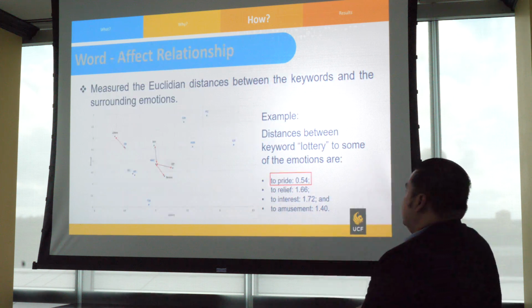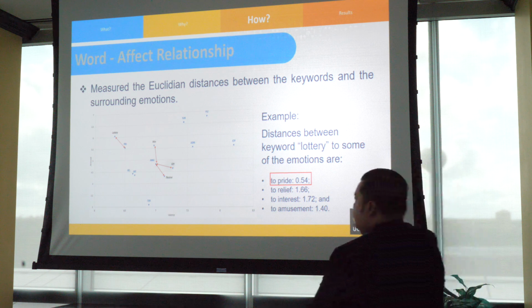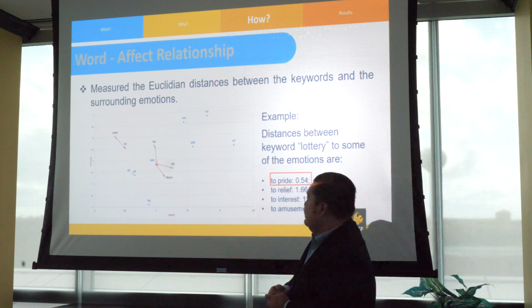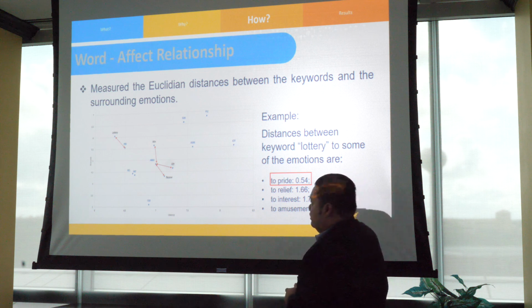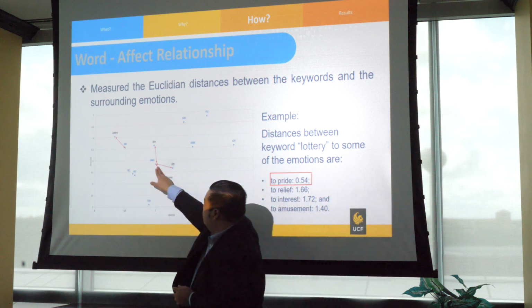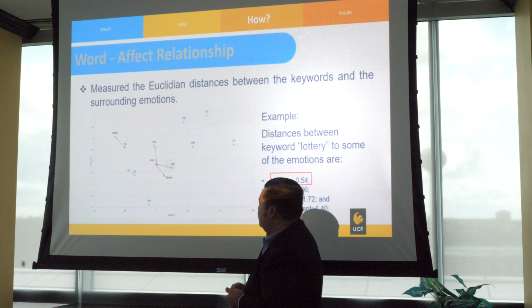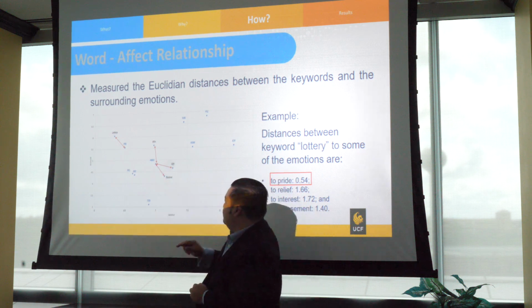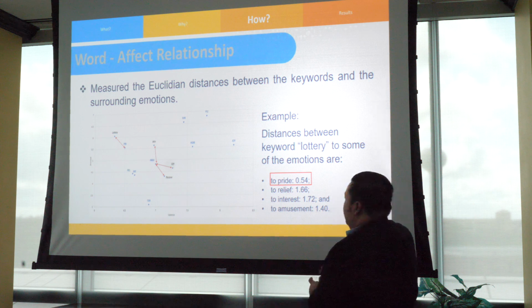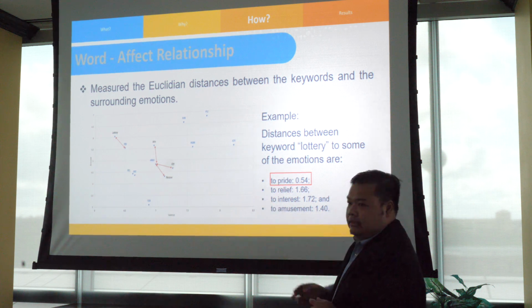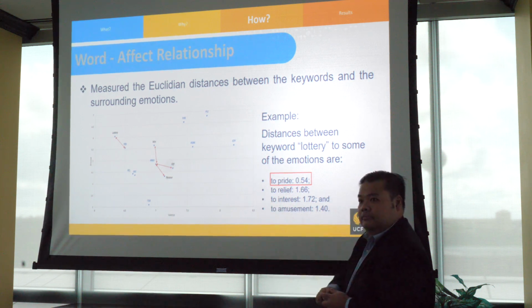In order to see the relationship between the word and the affect, I just measure the Euclidean distance between the keyword and the surrounding emotions. So, for example, the word win is tightly related with amusement, give amusement and receive amusement. And the same thing with lottery, I think. Did you get these mappings from where?